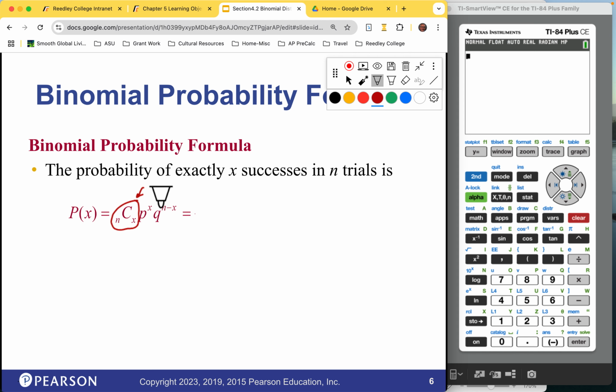But I'm not going to have you use this. In the past, that's how I would have done it, but we're going to go in and use the distribution features in your TI calculator, which has this built in. Okay.